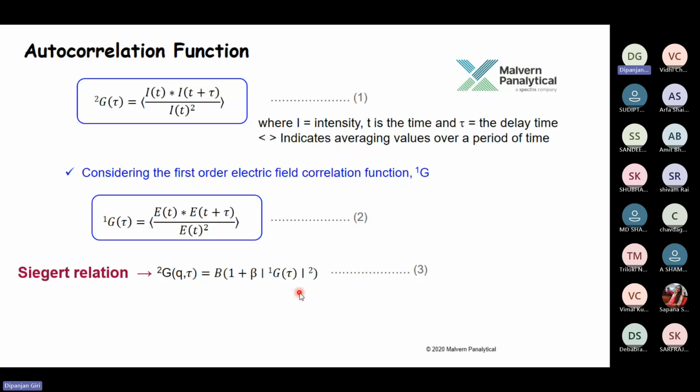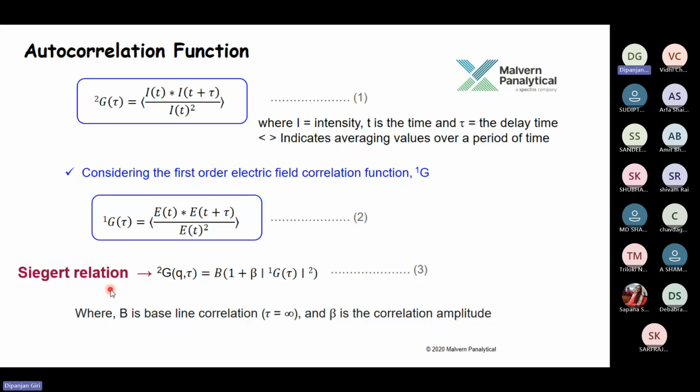So using this first order correlation function, the second order correlation function can be written like this. It is called the Siegert relation, a connection between the intensity correlation function and the intermediate scattering function.